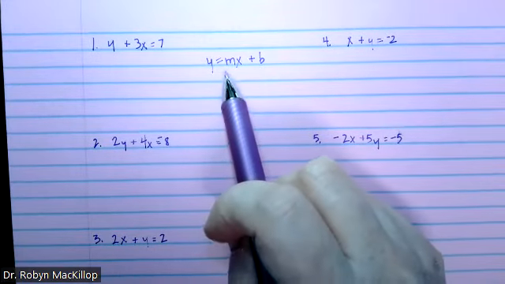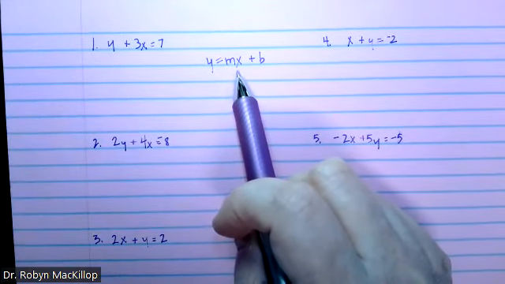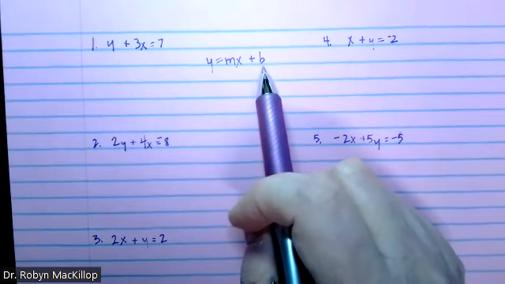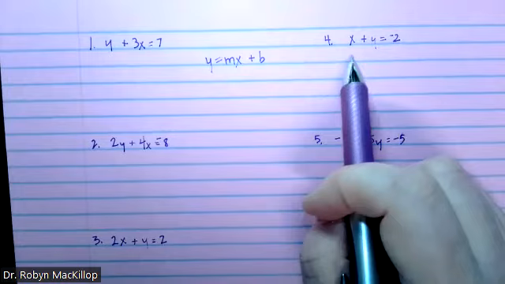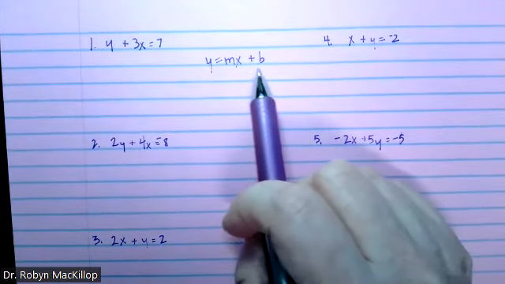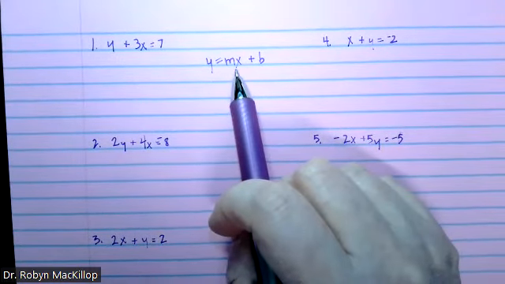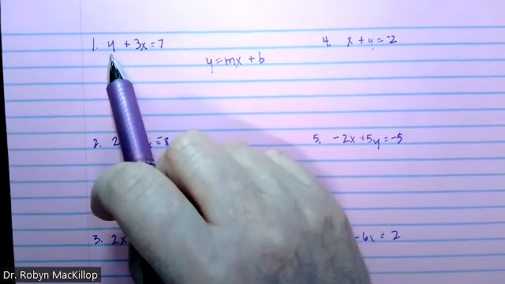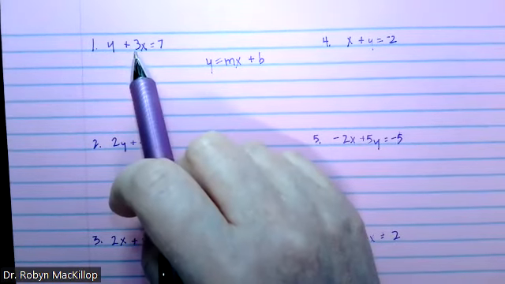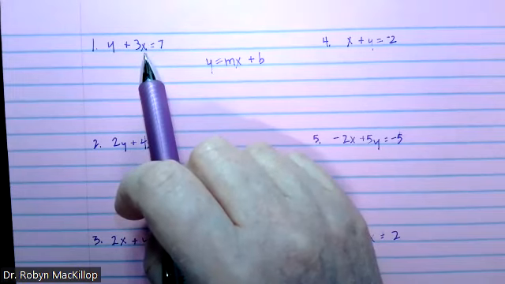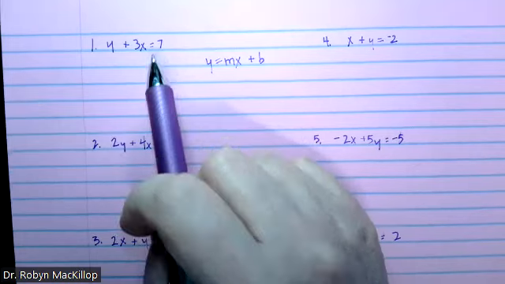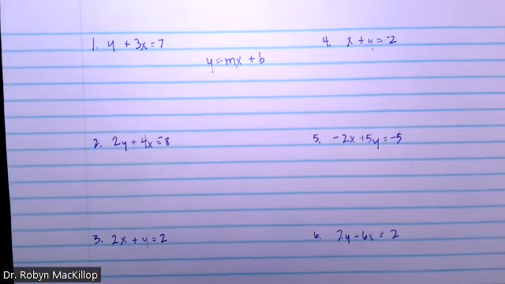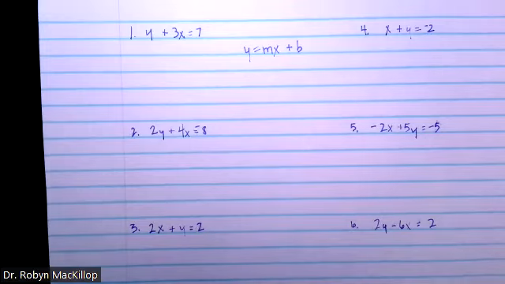So y equals slope times x plus y-intercept. We want all of these to look like this in setup. And you can see, here's our y, here's our slope, or m, times x, and here's our y-intercept. But there's a couple of things we have to do before it will actually work.